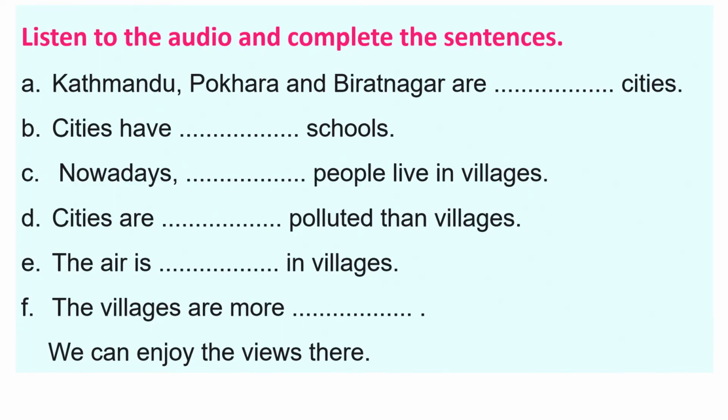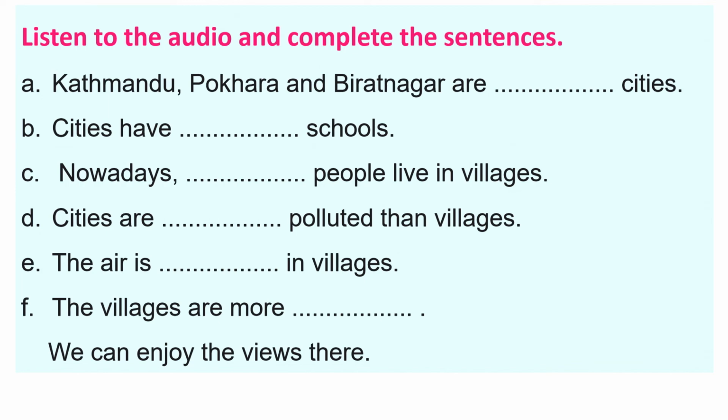In Nepal, there are more villages than cities. Kathmandu, Pokhara and Biratnagar are bigger than Dharan, Butwal and Nepalganj. Living in a city is different from living in a village. In big cities, there are sometimes better schools. There are fewer people in the villages these days because many people have moved to the cities to work.